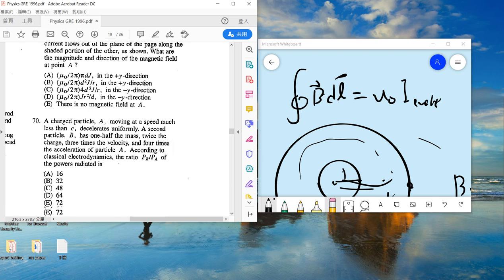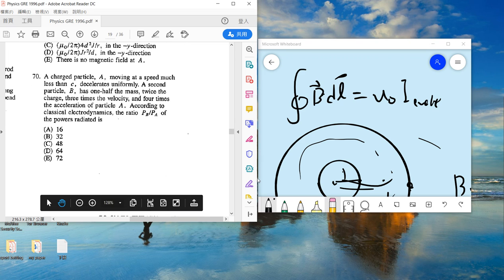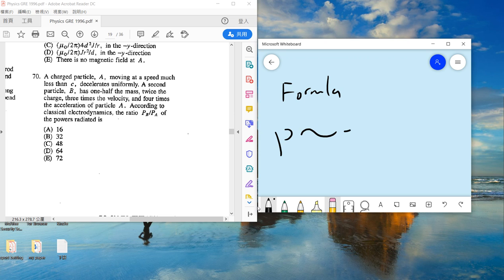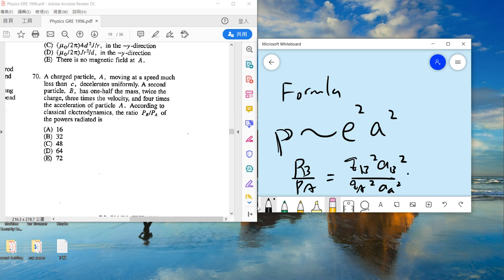Okay, so 70: a charged particle moving at speed, asking about watts. This is a formula you need to remember. At least you need to remember that P is proportional to E squared divided by A squared. There are some other constants I seldom remember, but at least I remember these two. So basically, PB over PA is QB squared AB squared over QA squared AA squared.